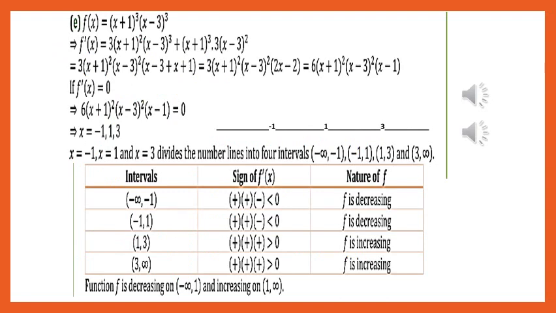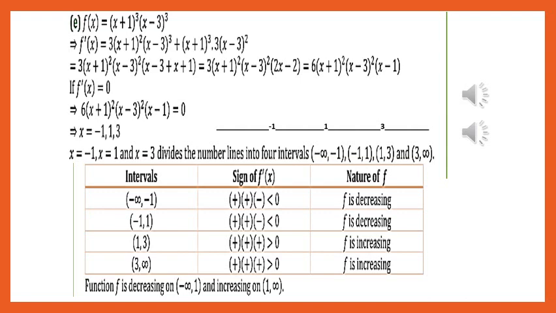Now next important question E, that is f of x is equal to x plus 1 whole cube into x minus 3 whole cube. Now let's get f dash x. Here we have to use the product rule. You remember the product rule? uv form, u dash v. So u dash is the derivative of x plus 1 whole cube.